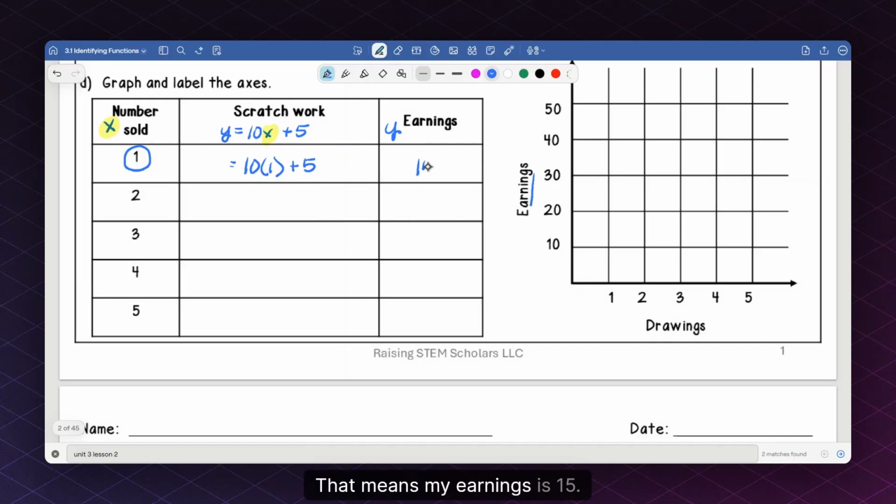That means my earnings is 15 if I sell 1 drawing. Okay, I'm going to do the same thing for the next part. So again, it's going to be 10, and then my x is 2. Okay, so I can drop my 2 in here. That's selling 2 drawings plus my flat fee. 10 times 2 is 20, plus 5 is 25.